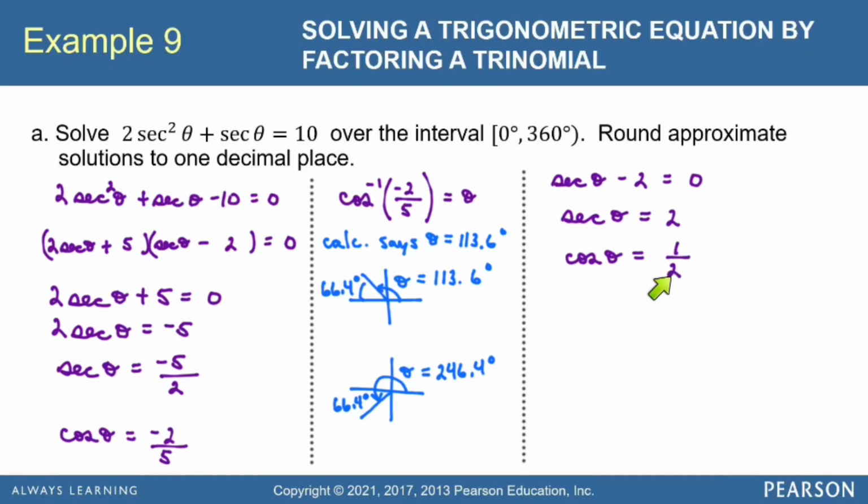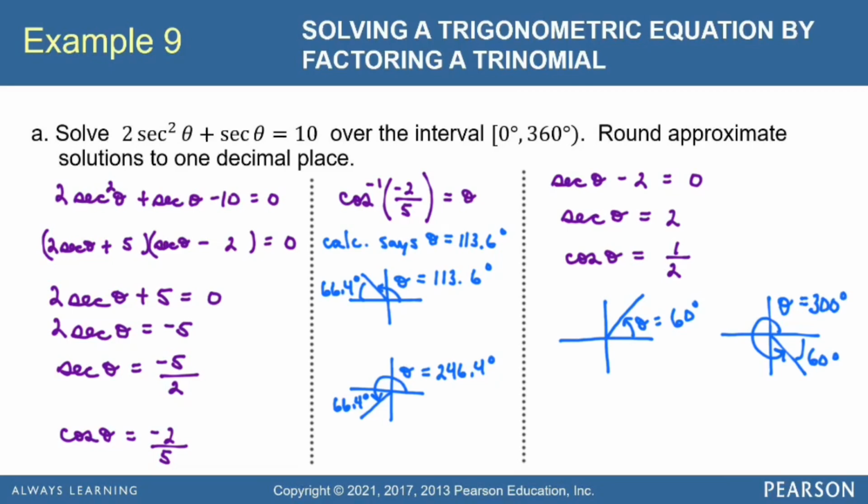This 1/2 tells us that we're working with a reference angle of 60 degrees, and because it's positive, we know that we're going to get a solution in quadrant 1 and another solution in quadrant 4. Now the quadrant 1 solution is 60 degrees. The quadrant 4 solution has a reference angle of 60 degrees, which means that solution is 300 degrees.